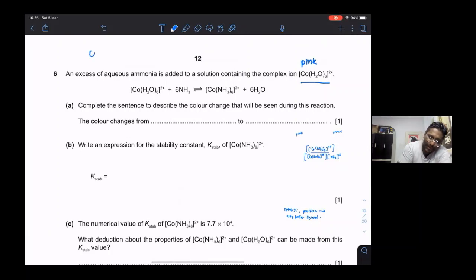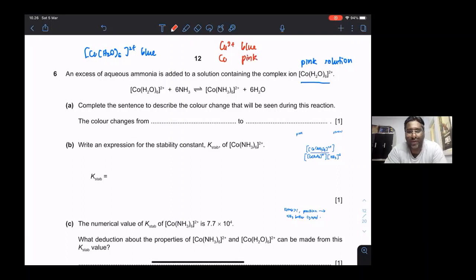Copper H2O6 2 plus is going to be a blue solution, and this is going to be a pink solution. This is something you need to remember. I'm very sure you remember Cu2 plus is always blue, and cobalt is always pink.